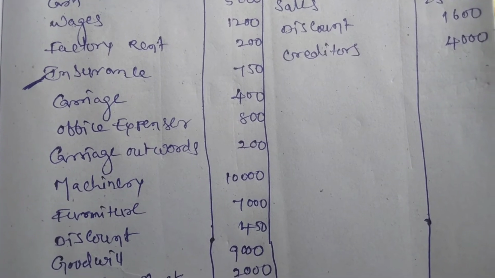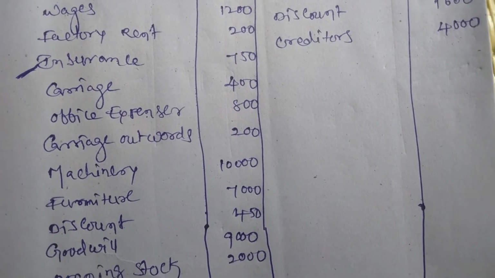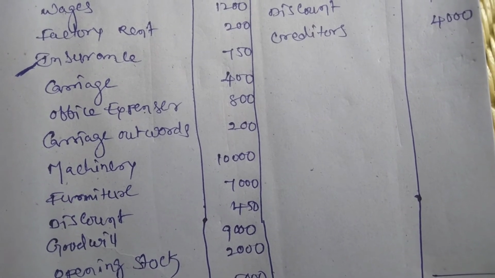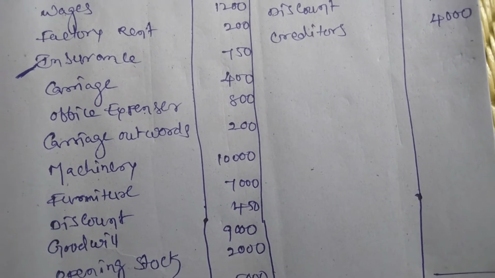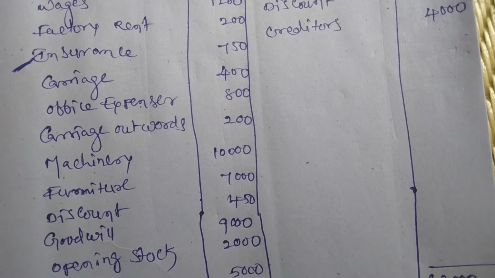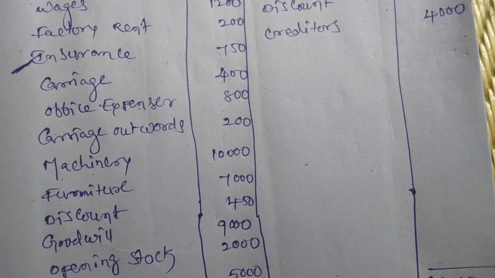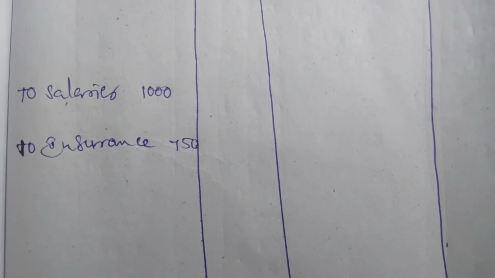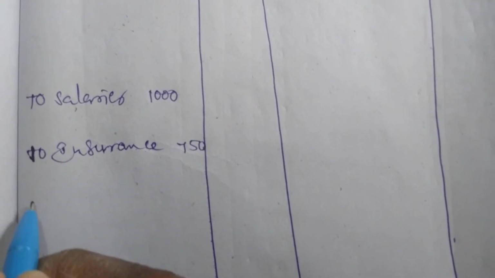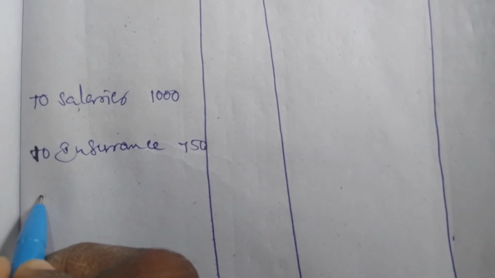Next one is office expenses 800 and carriage outwards 200. These two items are indirect expenditures, shown on the debit side of the profit and loss account. Leave some places here also, because insurance has adjustments.